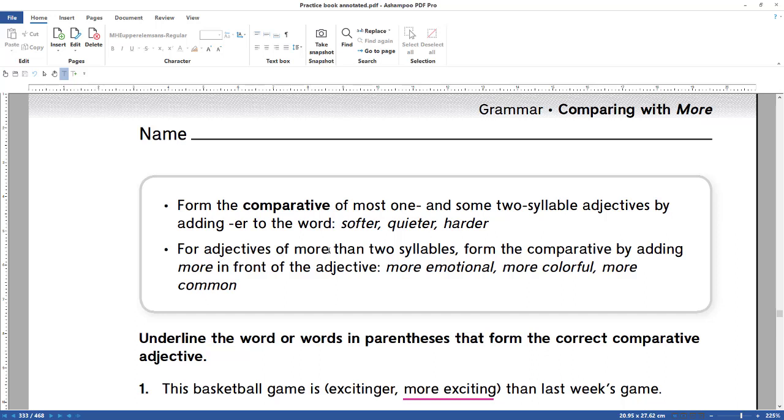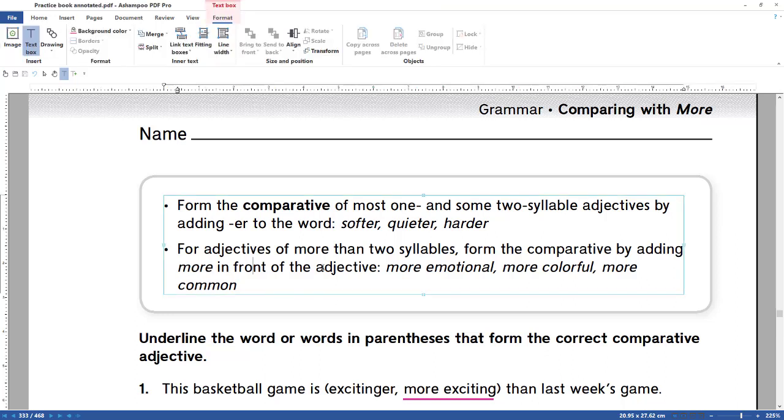For the adjectives of more than two syllables. So if the adjective has more than two syllables, I mean if the adjective is long, has a lot of letters, in this case we will form the comparative by adding the word more, as you can see, in front of the adjective or before the adjective.